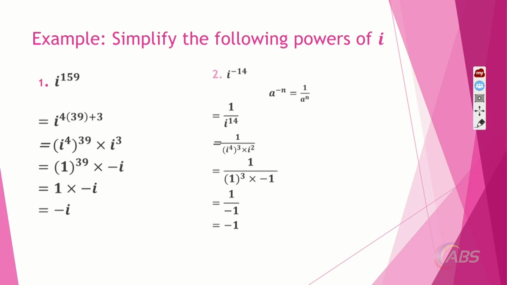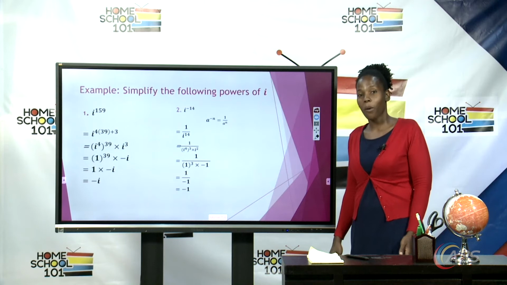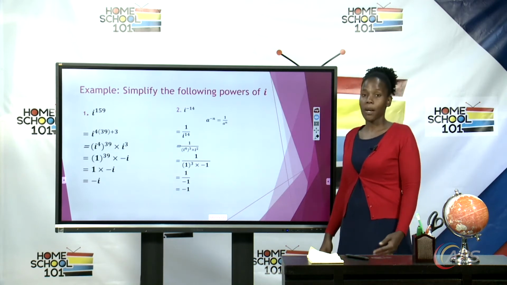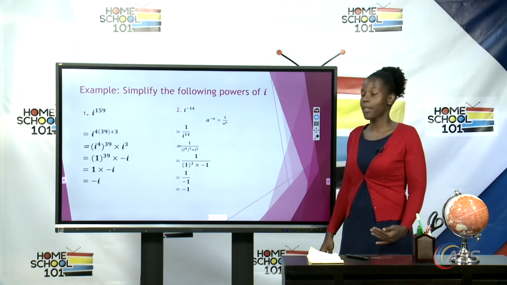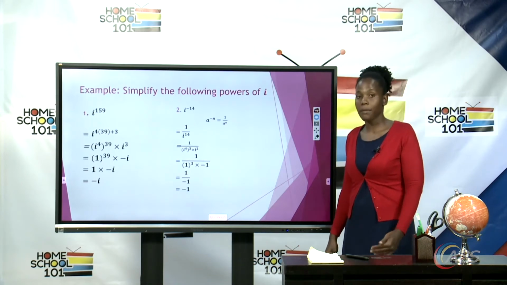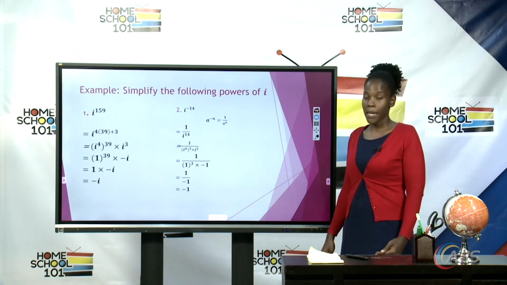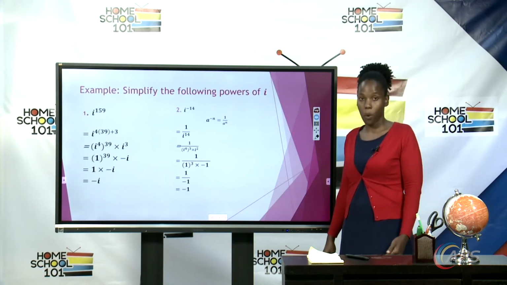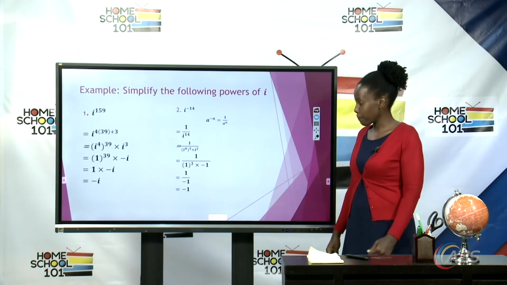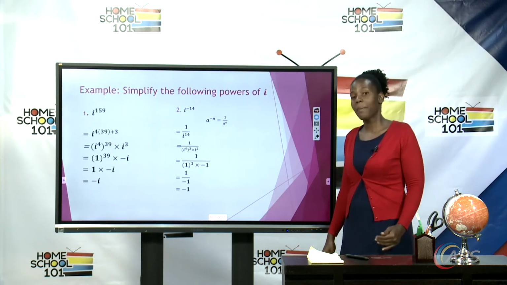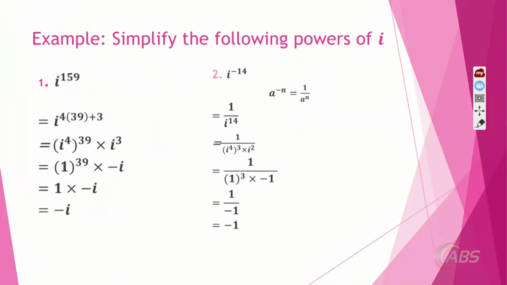So once we have written it as such, we then separate it as i to the power 4 to the power 3, in a bracket, times i to the power 2. So we make the substitution for i to the power 4. We know that i to the power 4 gives us 1. So therefore it becomes 1 to the power 3 times negative 1, because i squared gives us negative 1. So in our denominator we have 1 times negative 1, which gives us negative 1. Therefore 1 divided by negative 1 gives us a value of negative 1.